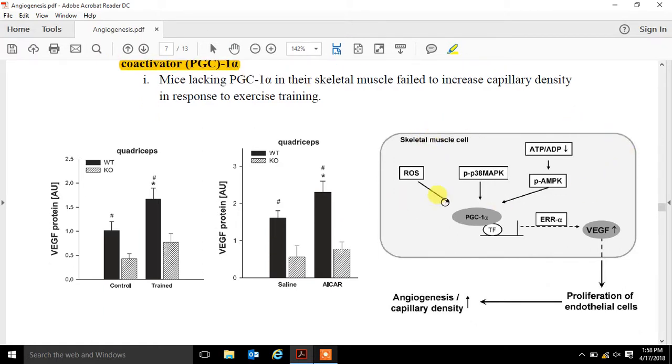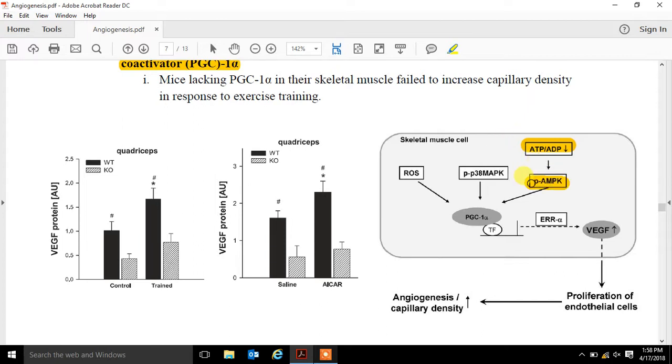So here's our skeletal muscle. I don't have it written up here, but go and put endurance exercise right up at the top. We know endurance exercise is going to alter the ATP to ADP ratio. We learned that in the last module.